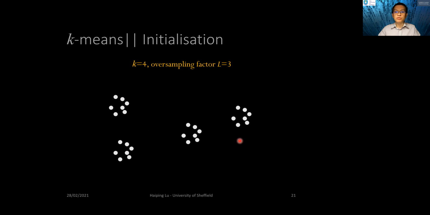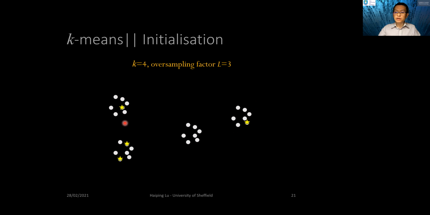For the first centroid, we will still randomly initialize. What differs is the following sampling stage. So instead of sampling just one point with the highest probability, we sample 3 points.